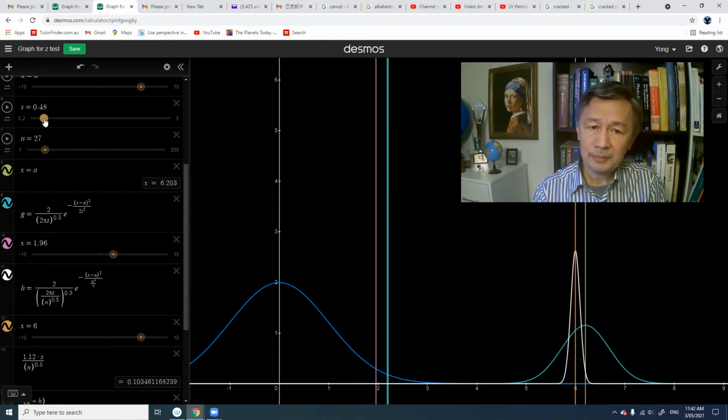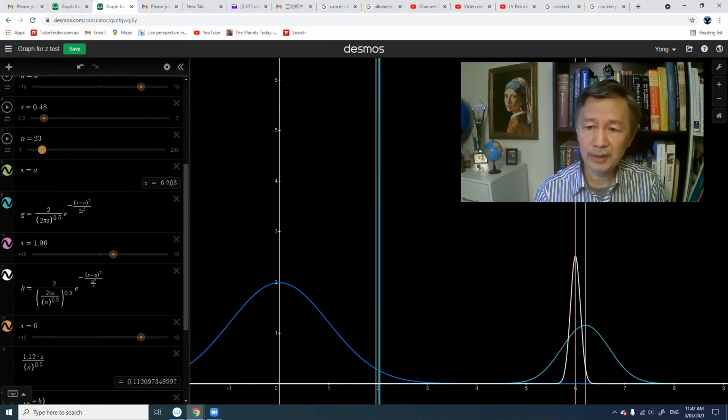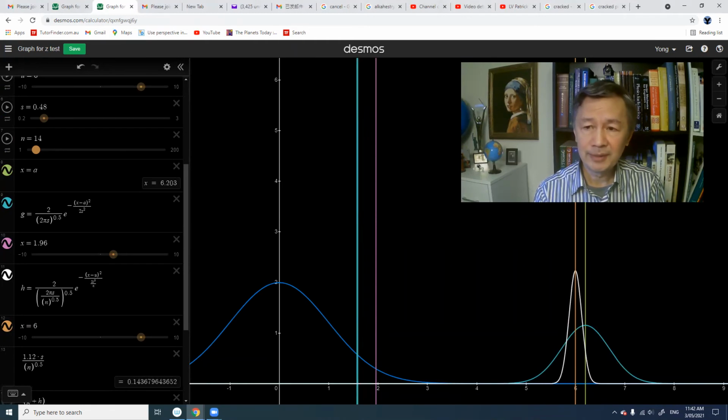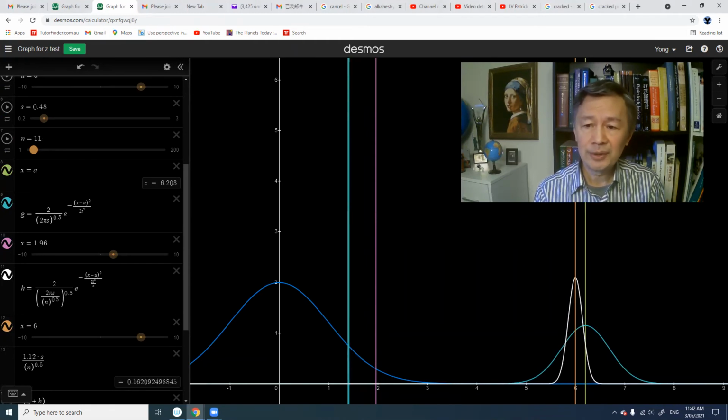However, another factor which influences your conclusion is sample size, or number of tests. At the moment, the number of tests is just 27. If we reduce n, the sample size, can you see, the z-score also decreases.